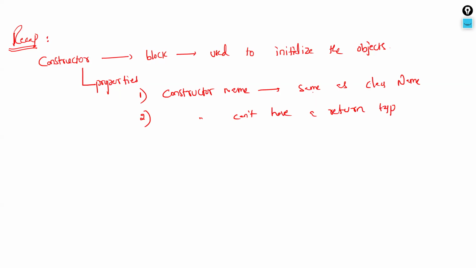Then a class can have how many constructors? A class can have n number of constructors. But what is the condition? With a different signature. What is the meaning of different signature?